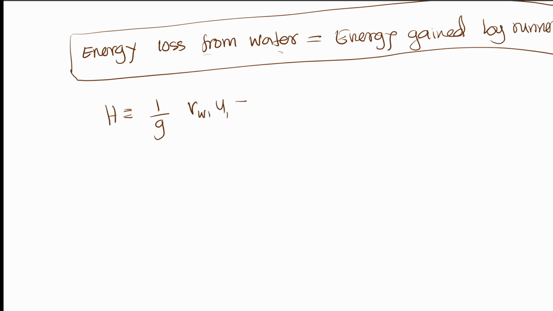I remember introducing this formula in the last class, so I think you can revisit it if you are not able to remember. Along with this work, there will be some energy which may not have been converted into work. In the case of the Pelton turbine, I remember mentioning that the water coming out from the nozzle carries kinetic energy, and after passing through the runner as well, some of it is not converted. Similar to the Pelton turbine, in the case of the reaction turbine as well, there will be some kinetic energy that is not fully converted into work, so we will take this into consideration.